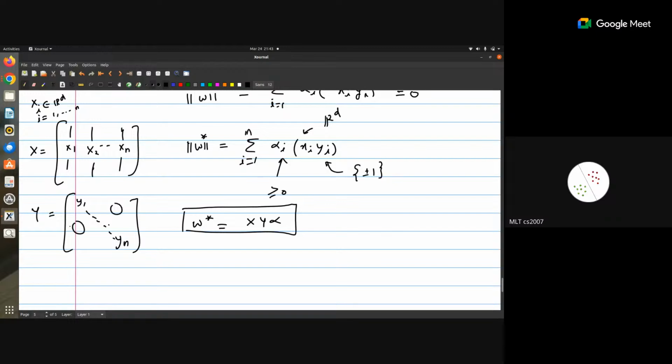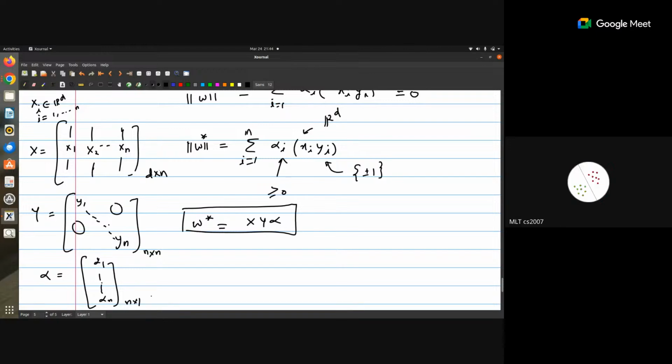Why is it like that? Because if you multiply this X into Y, you will get x1 y1, every time, like that. And what about alpha? The alpha vector will be alpha 1 to alpha n. So this is a D cross n matrix, this will be n cross n, and this will be n cross 1.